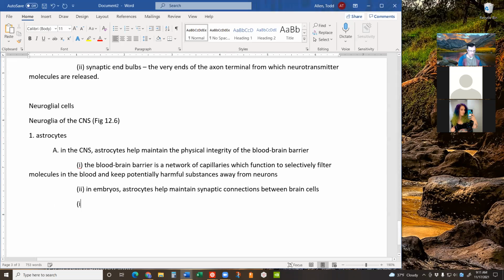And the astrocytes also help maintain the proper chemical environment so that neurons in that same space have the ability to create electrical signals.